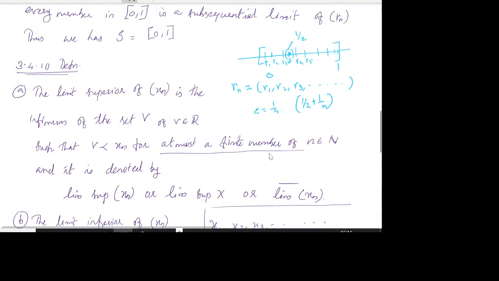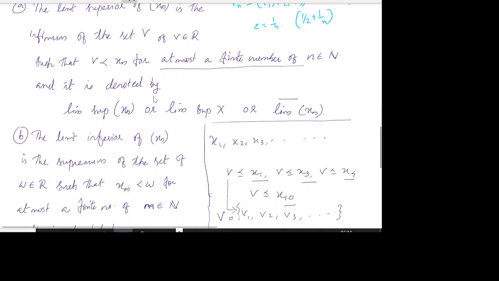limit superior. When you're taking limit superior, you go for terms of the sequence and find some numbers which are less than these terms of the sequence for a finite number of terms. You collect such numbers and take its infimum. You will get limit superior.